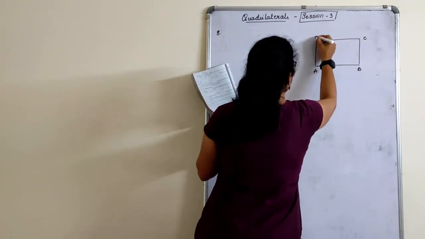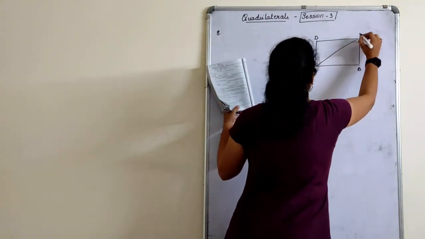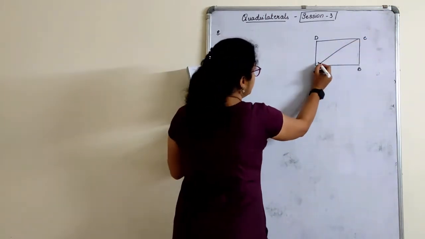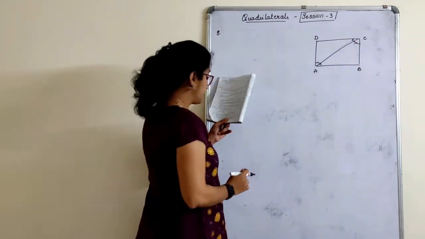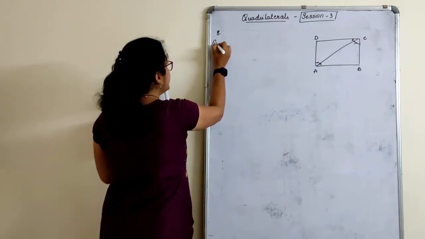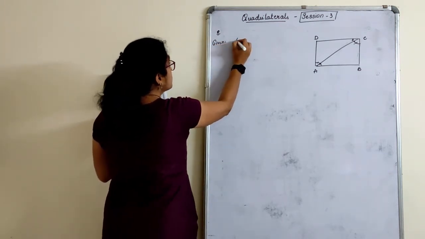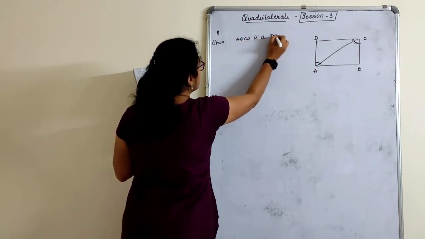8th one: ABCD is a rectangle in which diagonal AC bisects angle A as well as angle C. Show that ABCD is a square. First we'll write the given. ABCD is a rectangle.